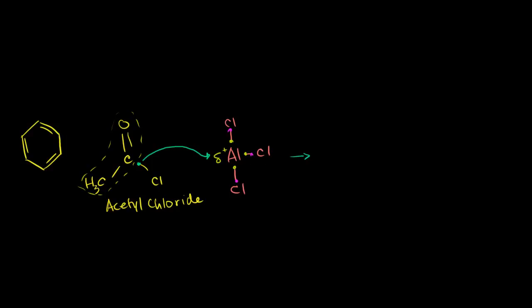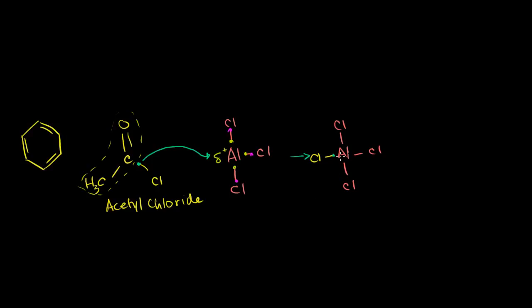Our aluminum chloride, or what was formerly aluminum chloride, now just gained an electron, and with it, it is now bonded to another chlorine. And since it gained an electron, let me make it very clear. This is an L. My penmanship is deteriorating.